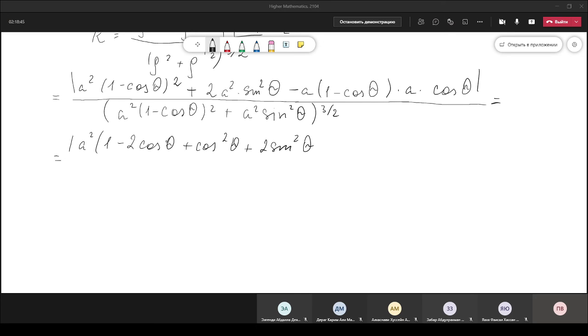I take a squared out because in this term I don't write down a squared. Minus a squared write down, minus open the bracket, cosine theta plus cosine squared.